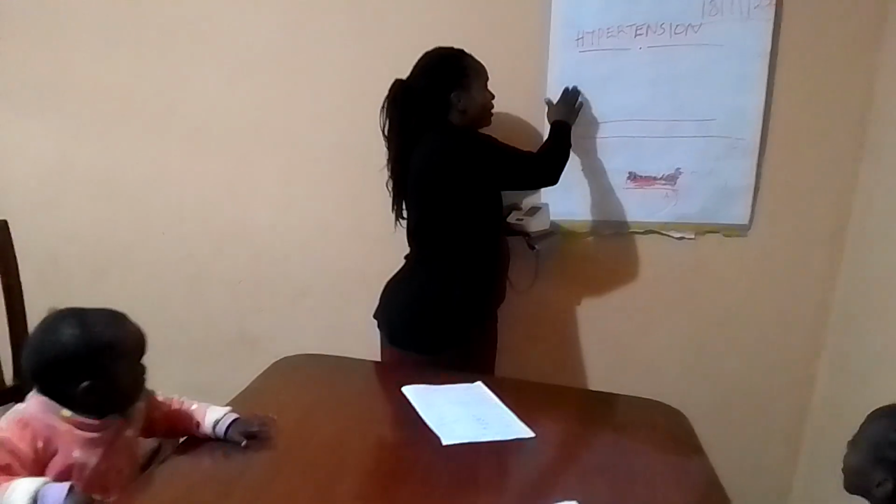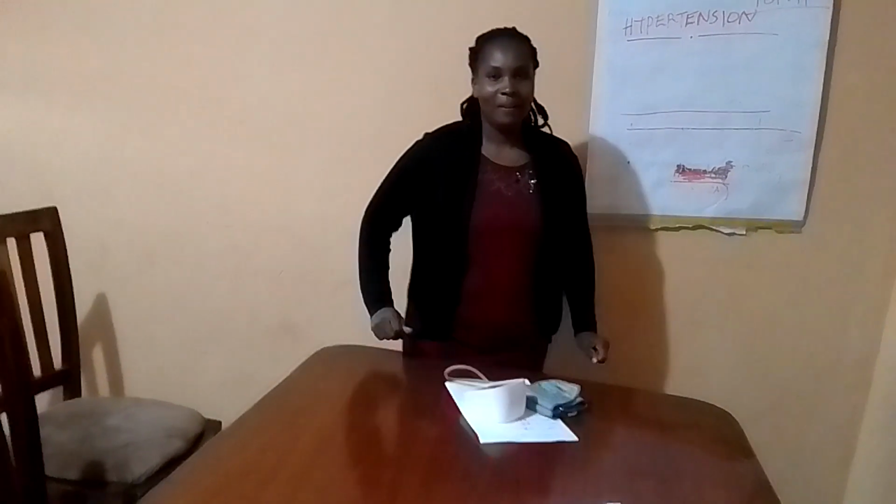And the very final question: who would accurately define for us what hypertension is? We have been looking at hypertension. We have looked at the BP machine. I want someone to define for us what is hypertension. Yes. Persistently elevated blood pressure. That is very correct.